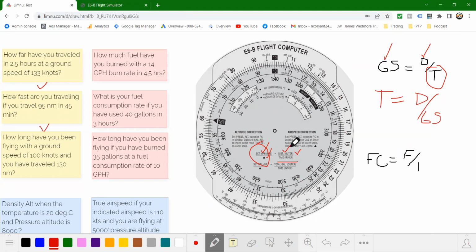And then I know some of you guys use the electronic E6B, and I am just such a fan for so long of these paper ones. But one day I will make a tutorial on those. I'll dig up my electronic E6B and I'll do that. But if you can get that down, that also helps avoid these errors with this thing. The reason I like this is because it never runs out of batteries. They're durable, they're simple and they're old school.